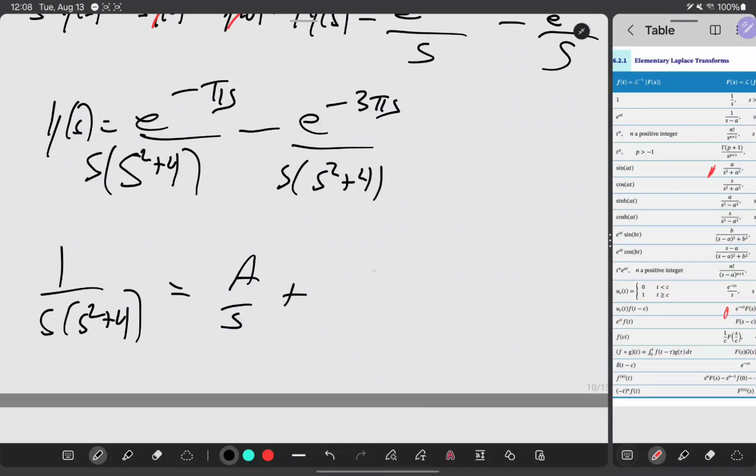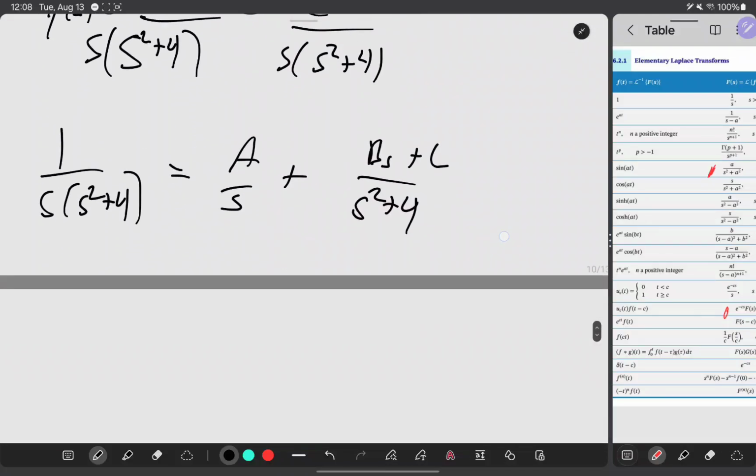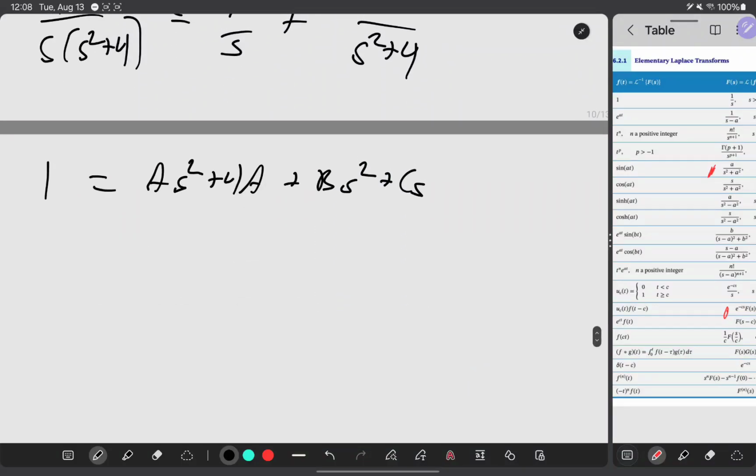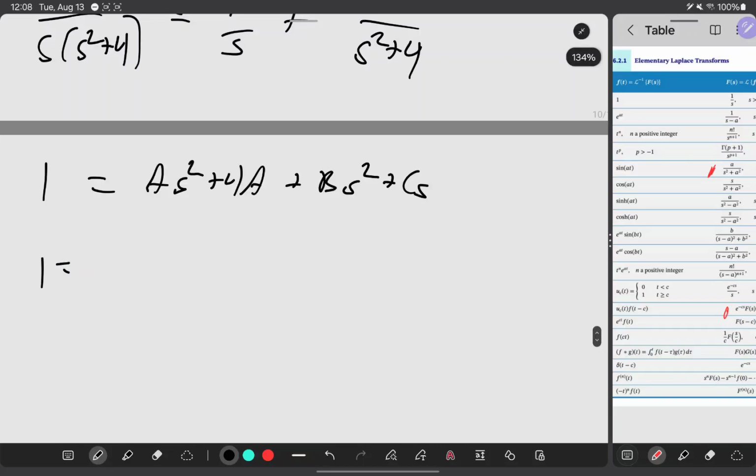A over s plus bs plus c over s squared plus 4. This would be a s squared plus 4a plus bs squared plus cs. This is just like one we did before, isn't it? Yeah, this is really similar to the first problem we did.